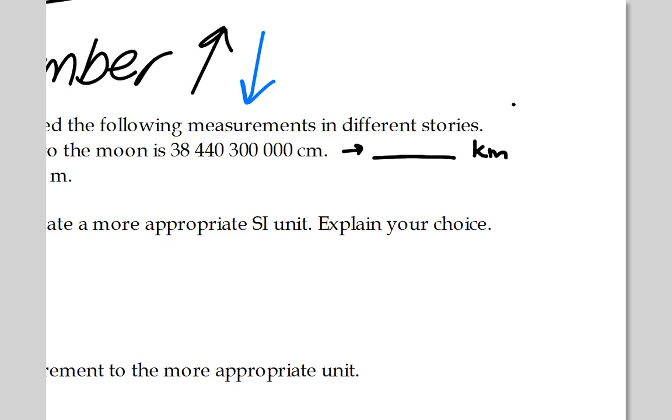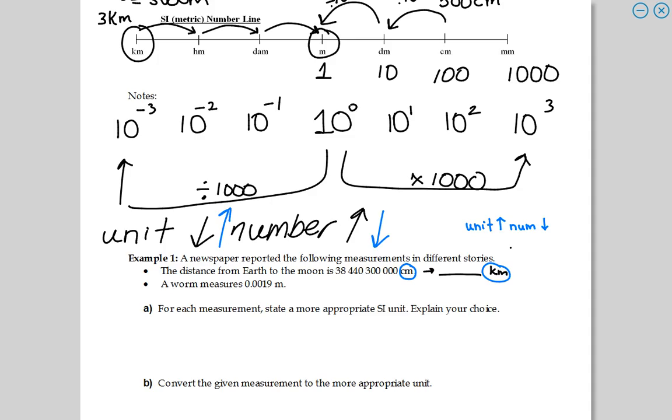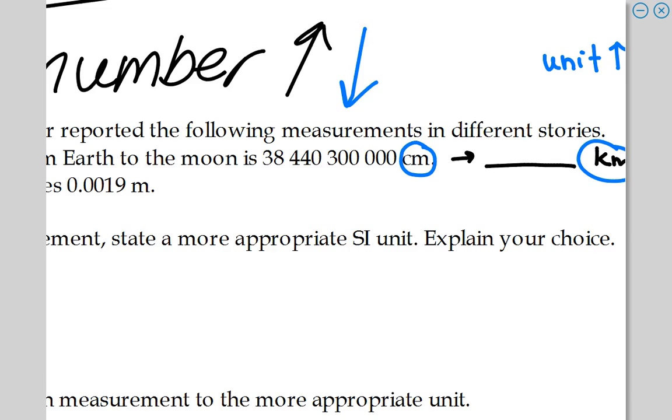So I need to divide by 10. But how many times? How many jumps from centimeter to kilometer? 5 or 6? 1, 2, 3, 4, 5. So I need to divide by 10 5 times.